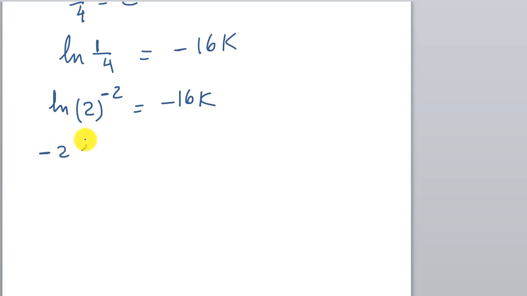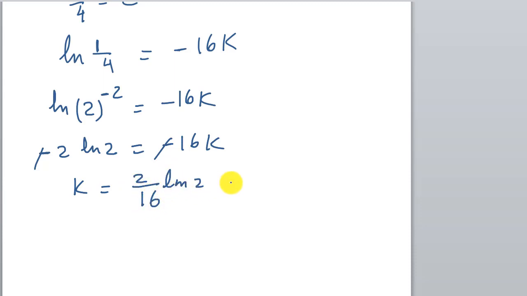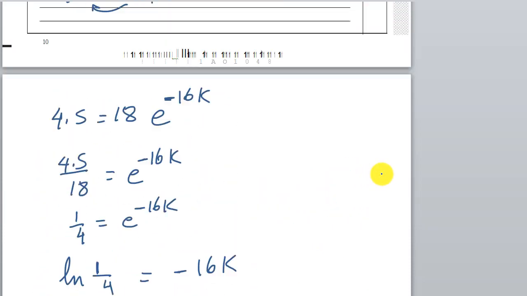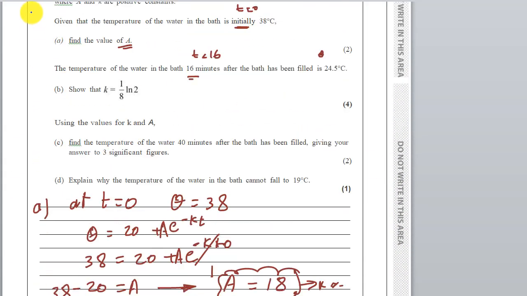So minus 2 ln 2 equal to minus 16k. So this minus with this minus, so k equal to 2 divided by 16 ln 2. So it's 1 over 8 ln 2. And this is the answer you need in the question up here. Okay, 1 over 8 ln 2.